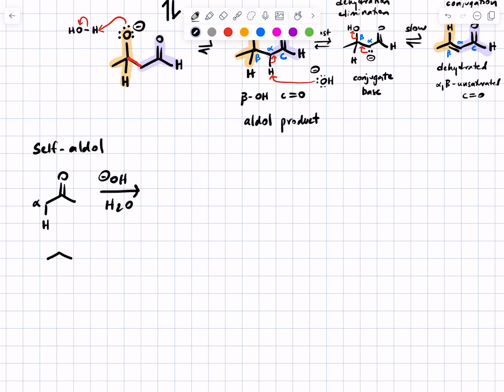It may help you to draw that enolate as one of the starting materials. Okay, you've got 30 seconds. Draw what the product is for that self-aldol reaction. I actually want to see both of them: the beta hydroxycarbonyl compound and the alpha beta unsaturated carbonyl compound.